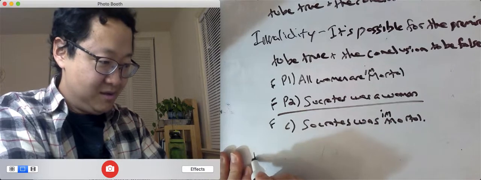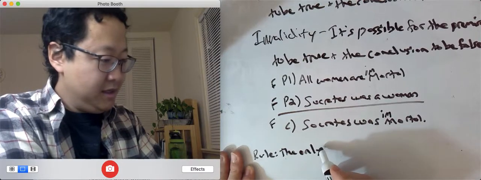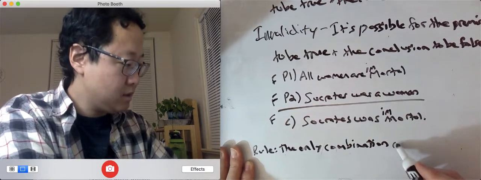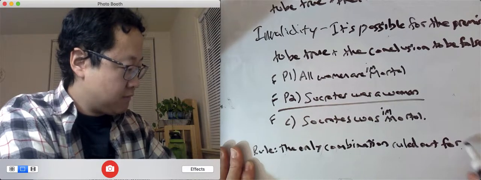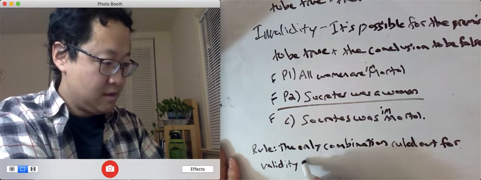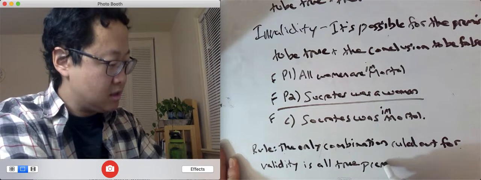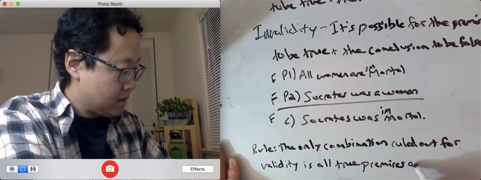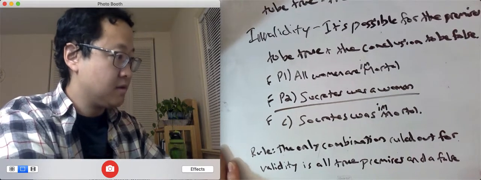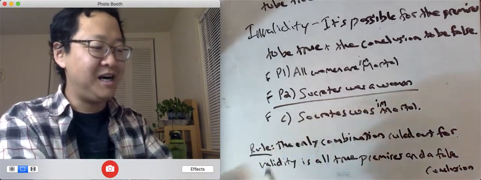Okay, which is this rule: the only combination ruled out for validity is all true premises and a false conclusion.